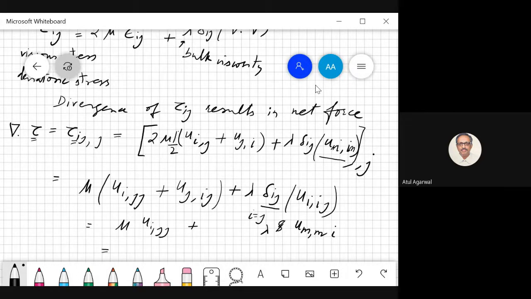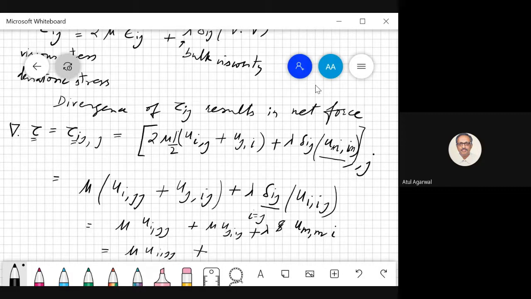So this becomes mu ui comma jj plus another term, mu uj comma ij. Now let's see uj comma ij, and here you have um comma mi.